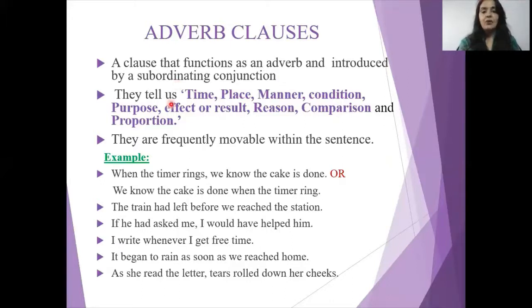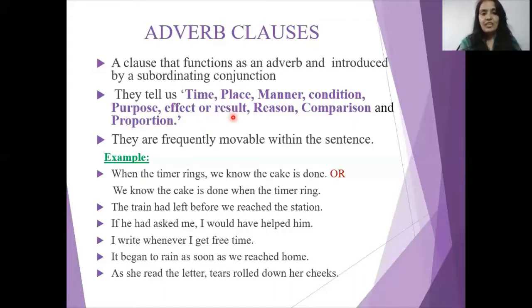They tell us about time, place, manner, condition, purpose, effect or result, reason, comparison and proportion. Yes, children, you studied adverbs in detail in your 7th and 8th class also: adverb of time, adverb of place, adverb of manner, adverb of condition, adverb of purpose. So if these things come to your mind, it is easy to recognize this.